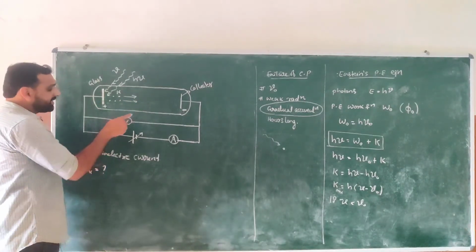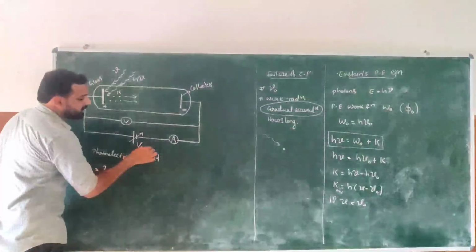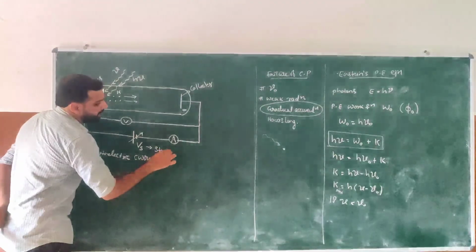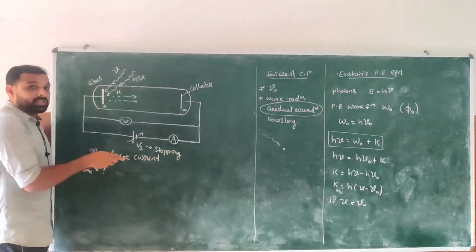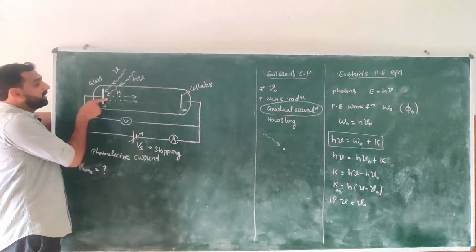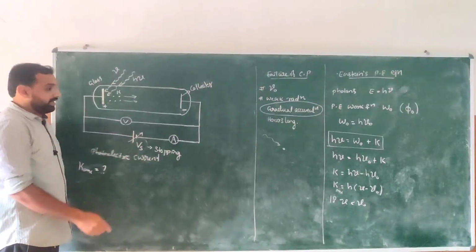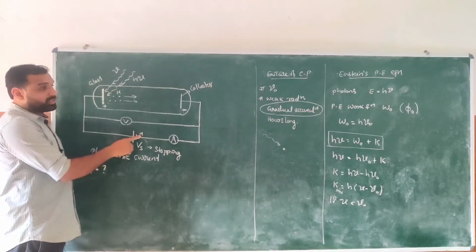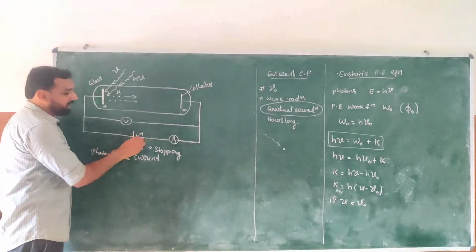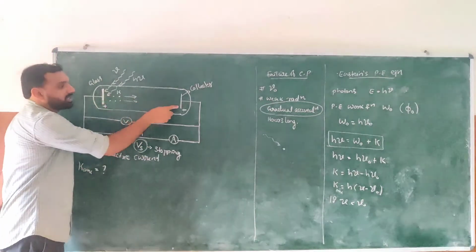At some potential Vs, called the stopping potential, no electrons will be allowed to reach the collector. If we increase the reverse voltage to a particular value Vs, no electrons can reach the collector.